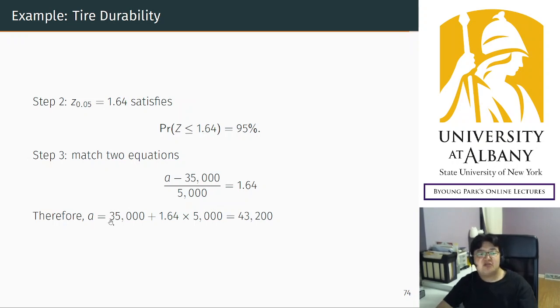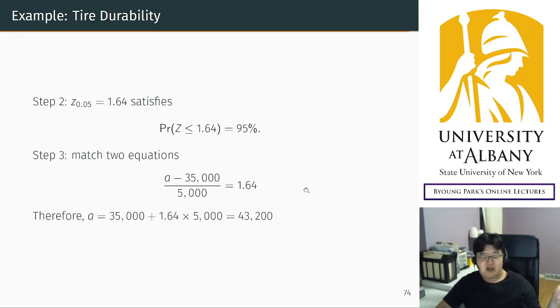So mean is 35,000 and add this much miles. How much is it? 1.64 times 5,000, which is the standard deviation. So then you will get 43,200 miles. So this is how we again use the standardization process to calculate percentiles for a non-standard normal distribution.